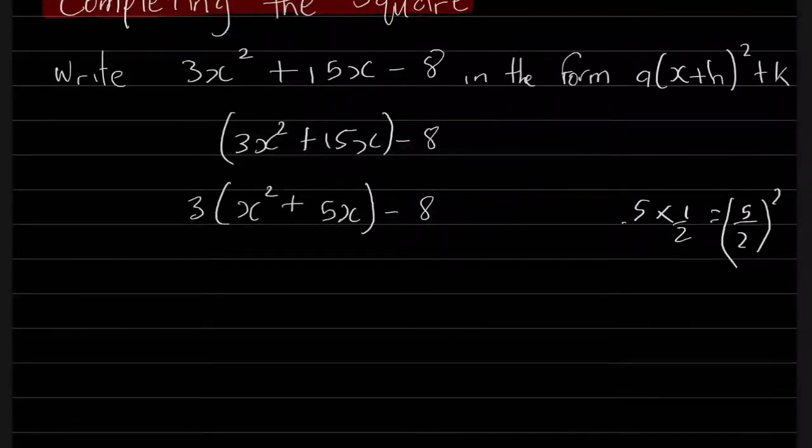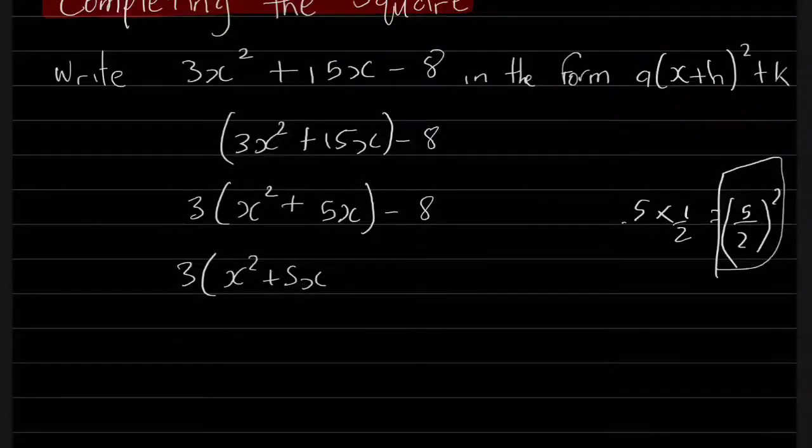Then we add that into the equation to express the bracket as a perfect square. So we'll have now 3 open bracket x squared plus 5x, and we add this here into the equation, plus 5 over 2 squared, close bracket, minus 8.